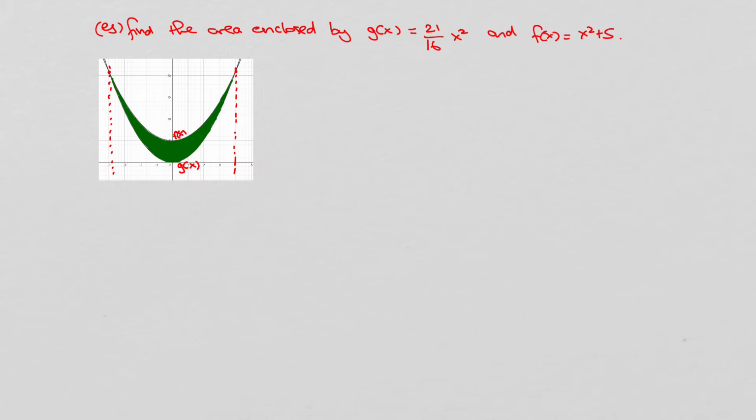So to find the points of intersection, the first thing we're going to do is take our two graphs. So basically, we have y equals 21 over 16 x squared, because y is the same as saying g of x. And we also have f of x, in other words, y is equal to x squared plus 5. Because they're both equal to y, in other words, if we input for x, our outputs are always our y values, our y coordinates, then I can equate 1 and 2 to find the points of intersection.